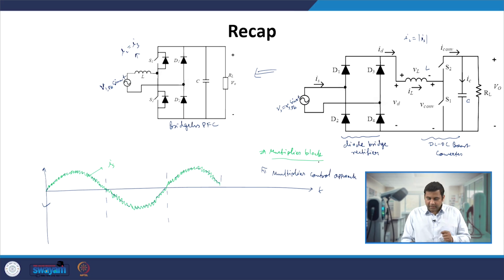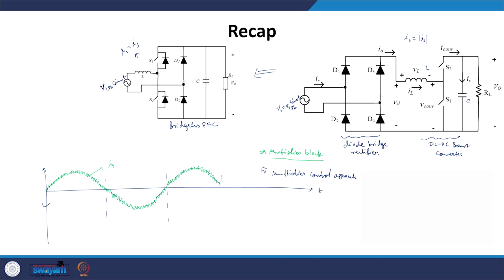So that is why sometimes you require a very high-end microcontroller, or if you want to do it in a low-end microcontroller, then you must have the required computational time available to perform that multiplication.